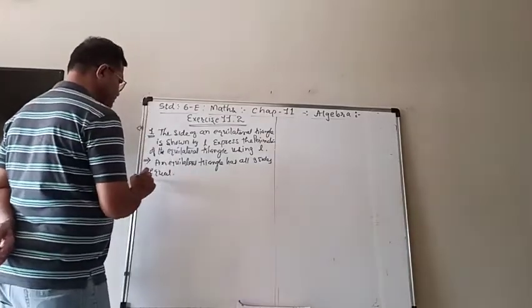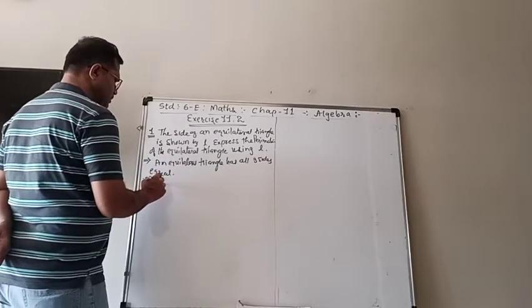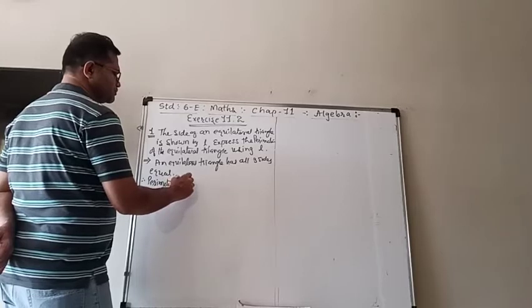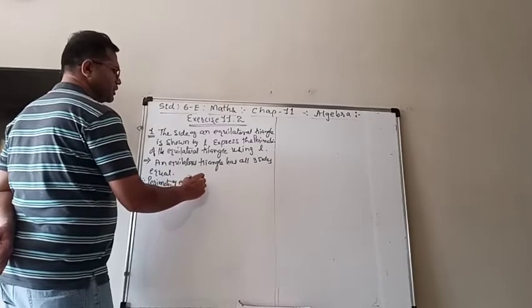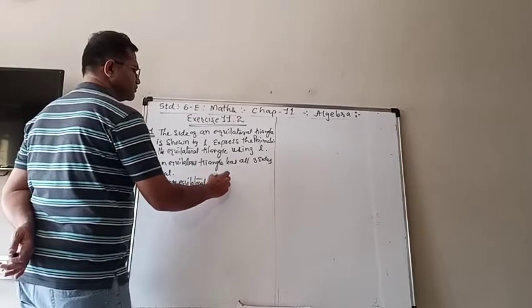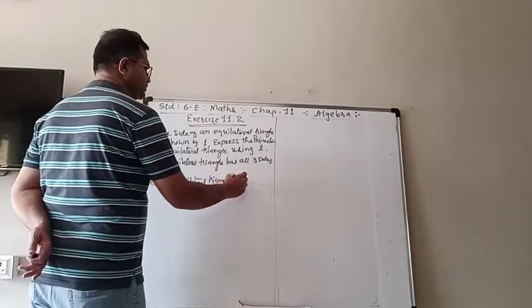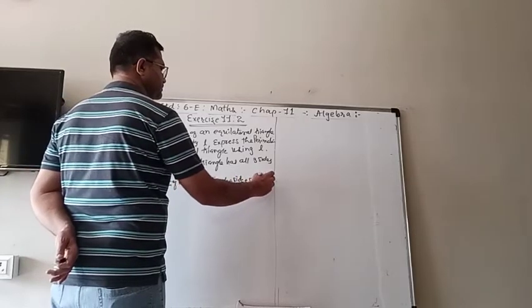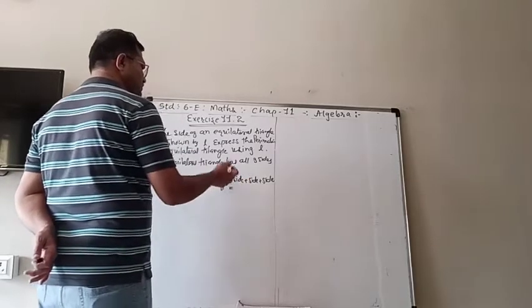So the perimeter of an equilateral triangle is side plus side plus side.